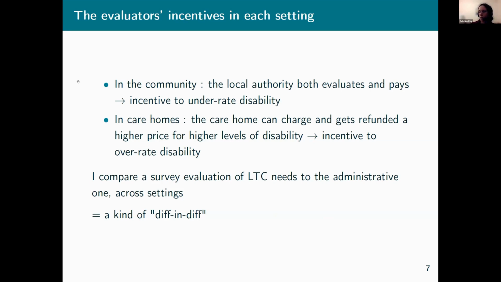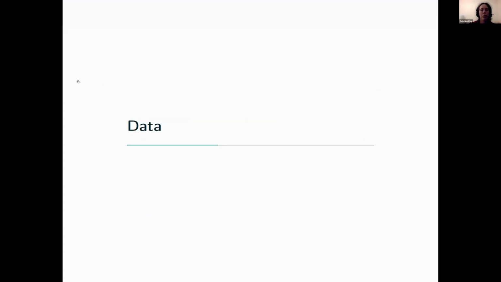And it's the Social Security organizations that refund them, so they have an incentive to overrate disability. I compare these official administrative disability levels to a survey evaluation, which is the same across settings. So I'm comparing the differences to assess whether there is upcoding or side coding.